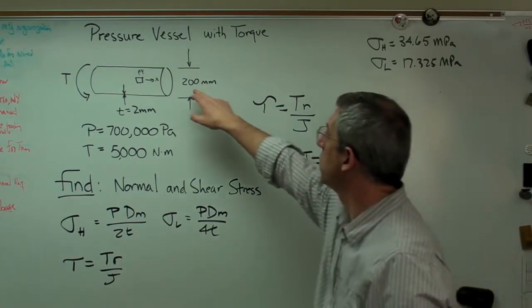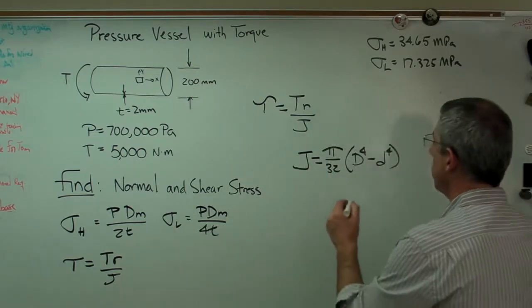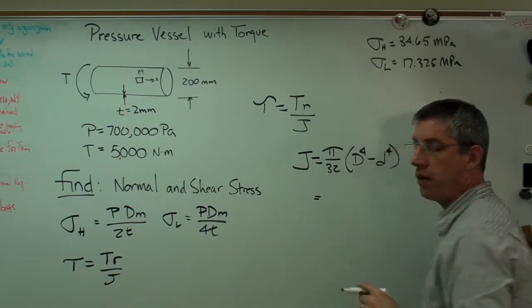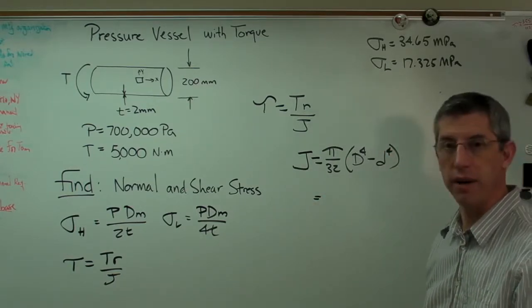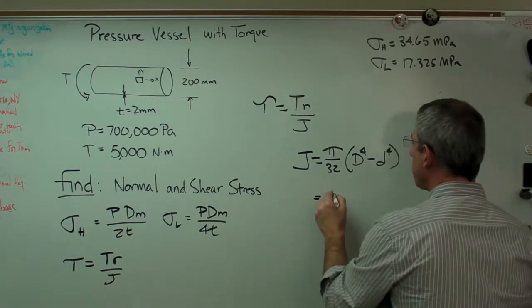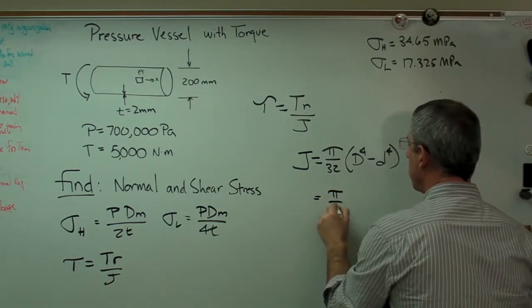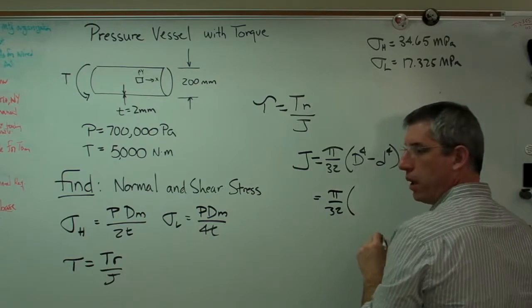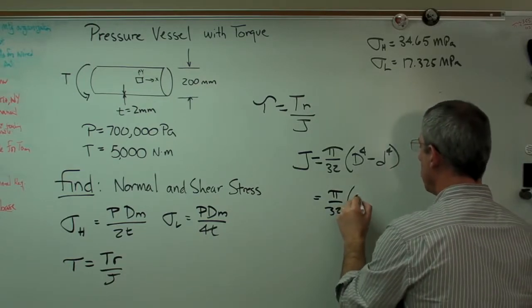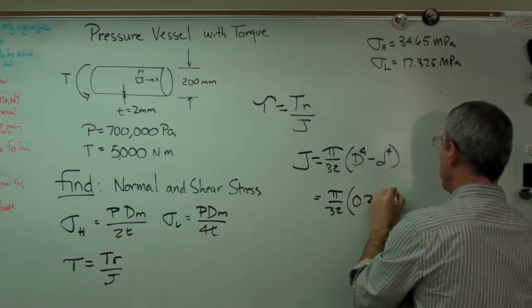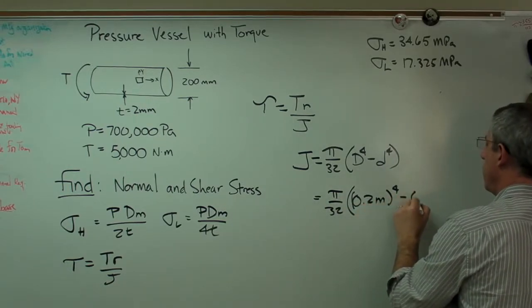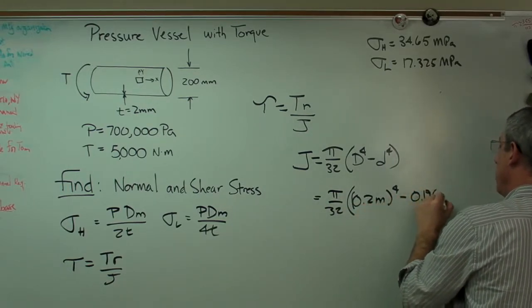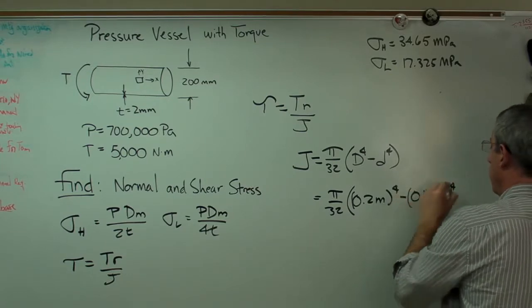Now since this is pretty big, J is going to be large. J, if we figure it out in meters, is still going to be 10 to the minus something. Let's put pi over 32, and this is going to be 0.2 meters to the fourth minus inside diameter, 0.196 meters to the fourth.